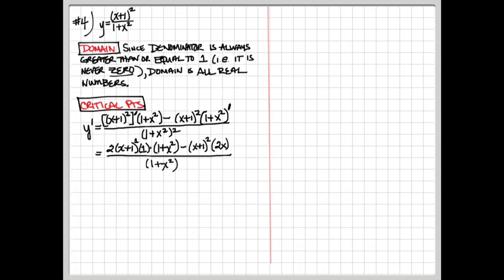So we will get 2 times x plus 1 to the first power times 1, times the denominator minus the numerator times the derivative of the denominator. In this case, the derivative of 1 plus x squared becomes 2x, all divided by the denominator squared. There's a common factor of 2 and a common factor of x plus 1.